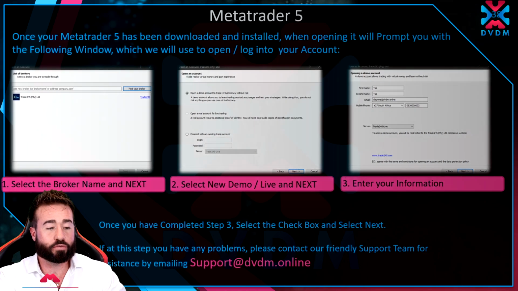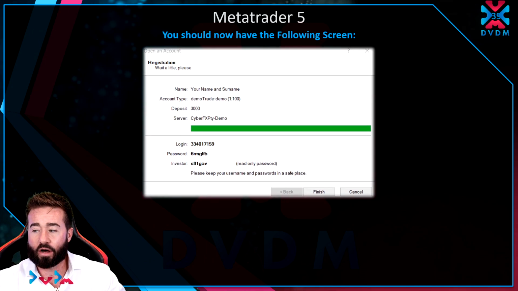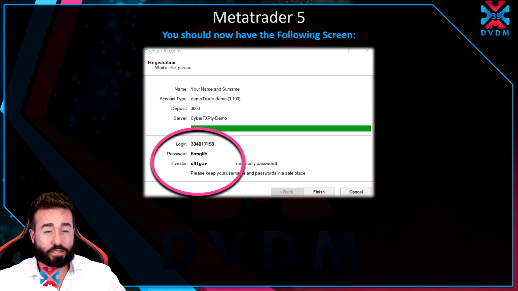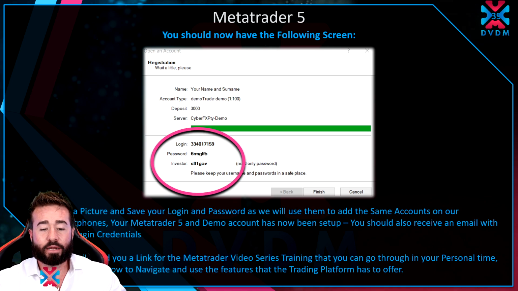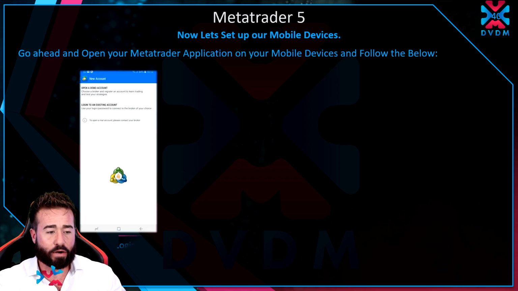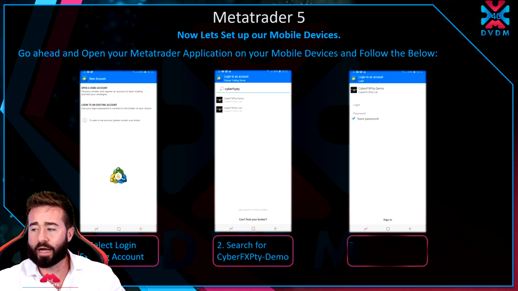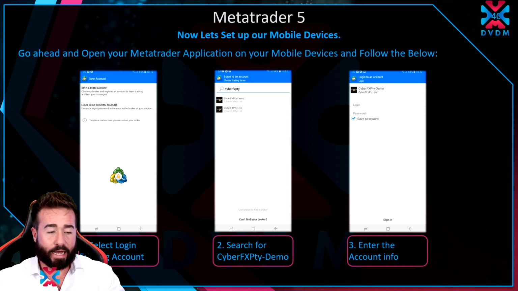Now, as I said, once you've gone ahead and created an account, you will be emailed some sort of password. That password you need to write down and save, because we're going to be using it when we log in on our phones. So you can go ahead and download the application directly off of the Play Store, find the application, put in your broker, whomever it may end up being, and then place the same information that you received from your original registration on the actual desktop application.